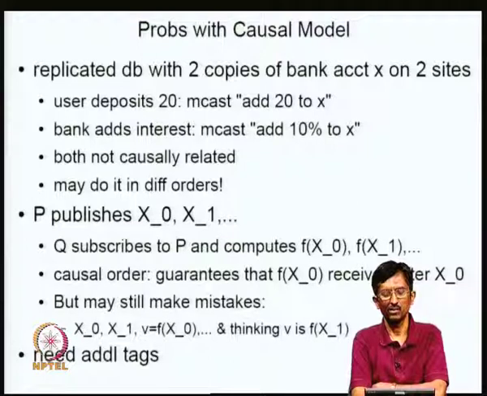So, if you want to do that, you need to have additional information which says that this is the first value, this is the second value, etc. The causal ordering does not itself give you that. Again, this is related to the fact that we do not have application level insight into what is going on, and all I can do is see values and compute f of something.